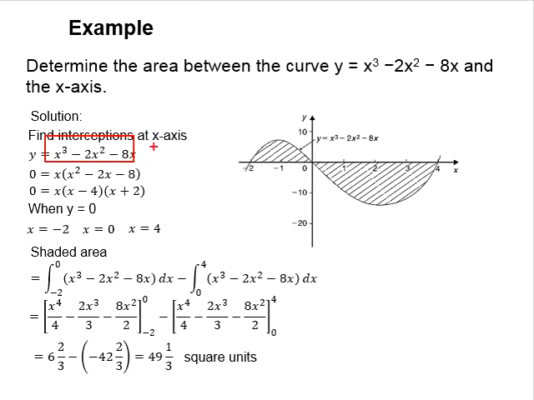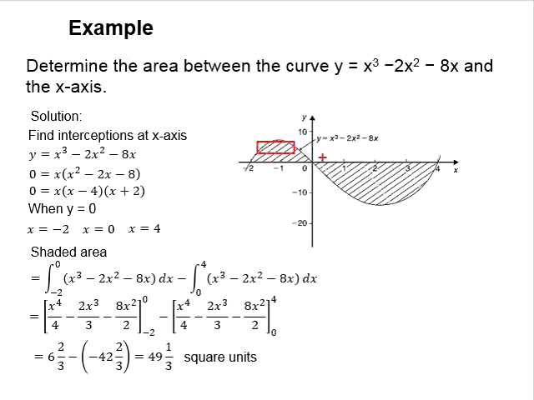Factorize the function here. You will get this, and you know that x will be equal to -2, 0, and 4. If you plot the function over the range of -2 to 4, you will get this curve.